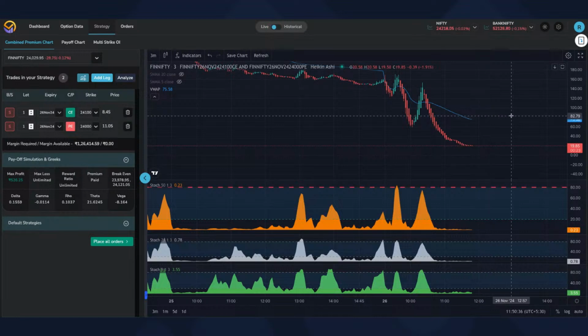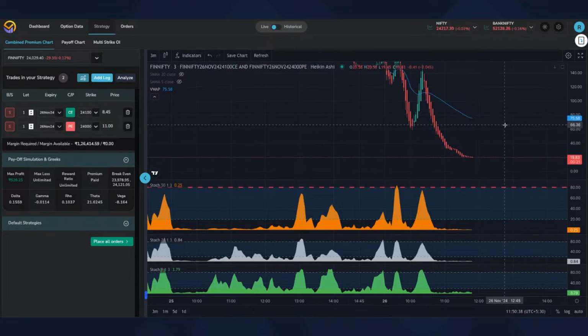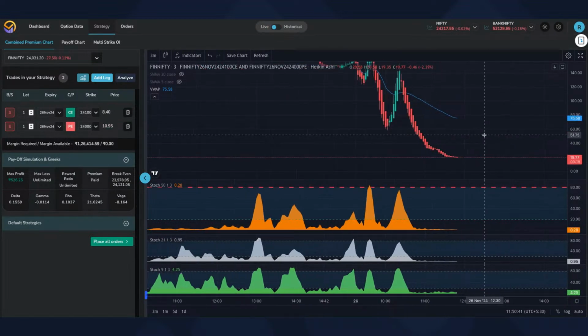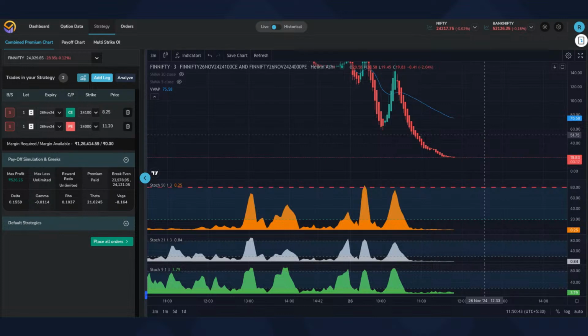So right now, this shows that there is not much movement going to be happening for now. So these are all the positions that I have: 24,000 and then 24,100, and right now overall profit shows 3.5, I think, and I think that's moving.